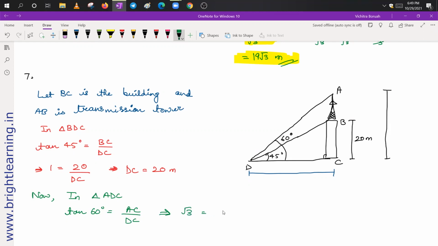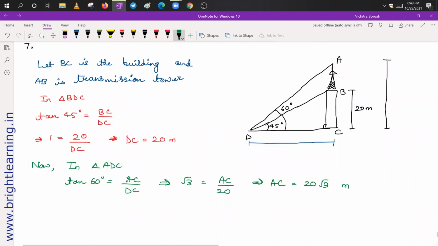AC we have to find, and DC we know is 20. So from here you will get AC, which is 20√3 meters. Okay, so you got the length of AC also, you already know the length of BC. Next you just subtract this length from this length and you will get the height of this transmission tower.